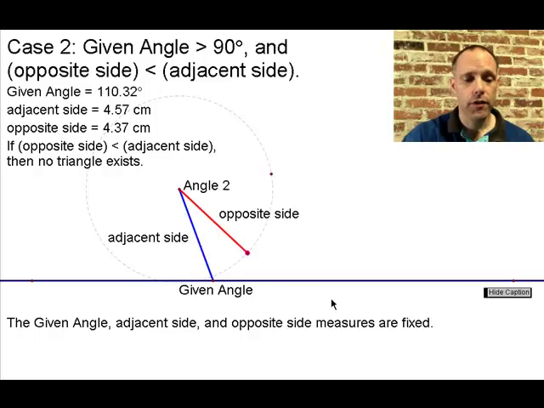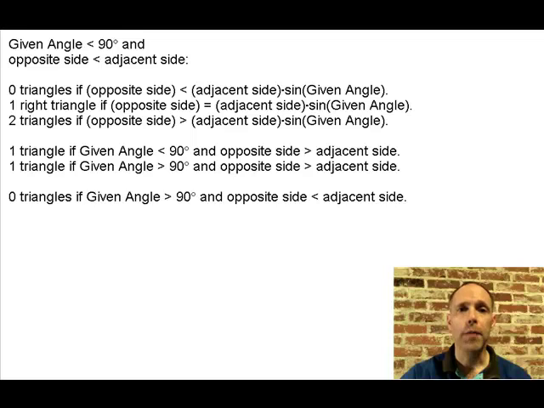So if the side opposite the given angle is shorter than the side adjacent to the given angle, then there is no triangle possible.